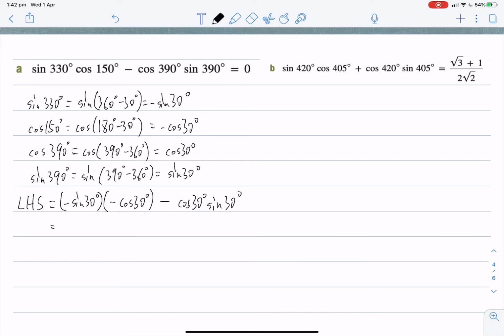Oh, okay. Negative becomes positive. So sine 30 degrees cos 30 degrees minus sine 30 cos 30. They're the same, so subtracting equals 0, which equals the right hand side. So we're done. Easy. Now the second one.